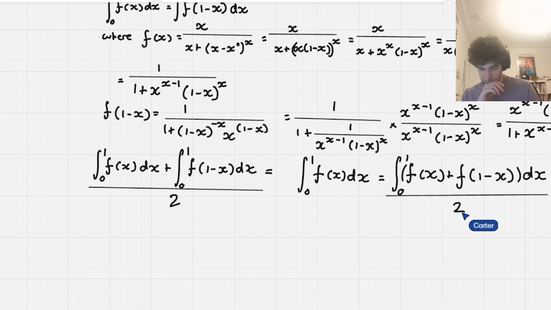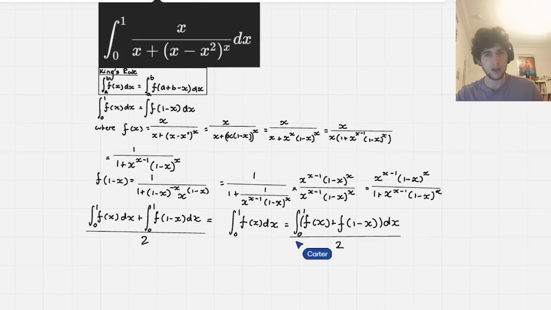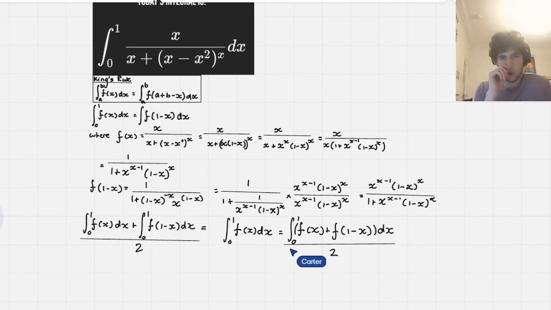Right? And if I look back at my functions, f of 1 minus x is x to the power of x minus 1 times 1 minus x to the power of x all over 1 plus x to the x minus 1 times 1 minus x to the x. And f of x is just 1 over 1 plus x to the x minus 1 times 1 minus x to the x.